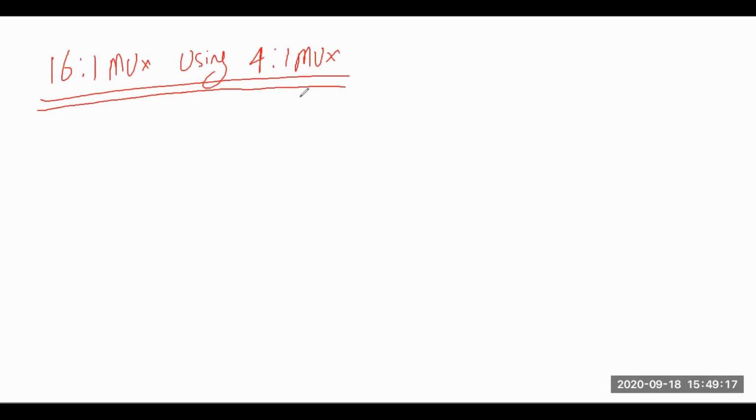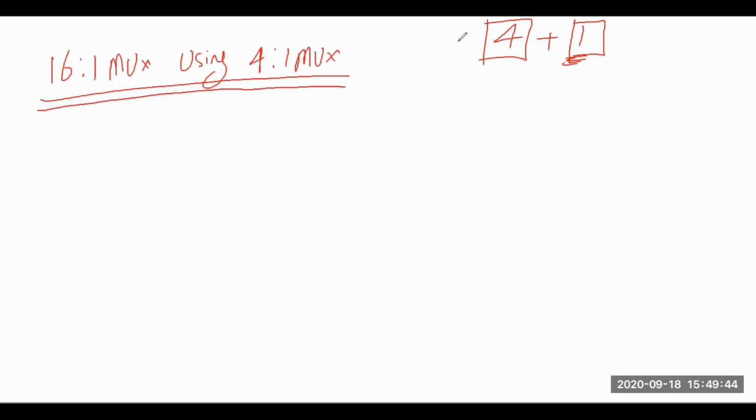So basically I need to follow these steps. If I divide 16 by 4, that is 4, and then 4 divided by 4, that is 1. If I'm getting 1 at the end, it means in my first step I need to implement four 4:1 multiplexers. In the second step I need to implement one 4:1 multiplexer.